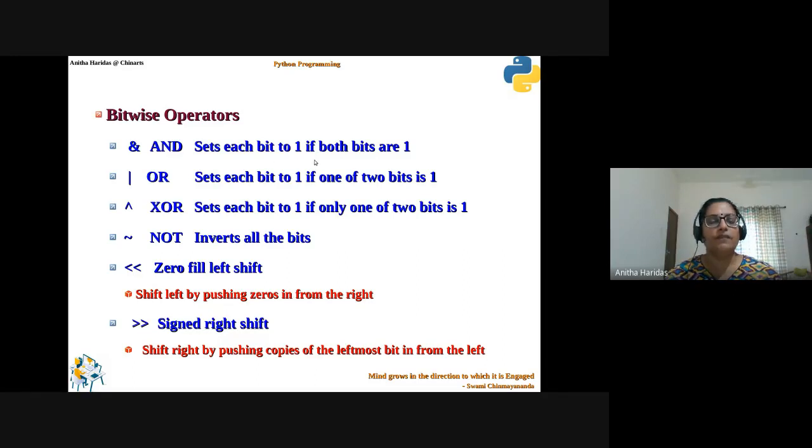If any one of the values is 0, it gives you 0. In the same way, or operator, exclusive or operator, then not operator, which gives the complement. Now, the two bitwise operators which we can discuss here are called zero fill left shift and signed right shift.